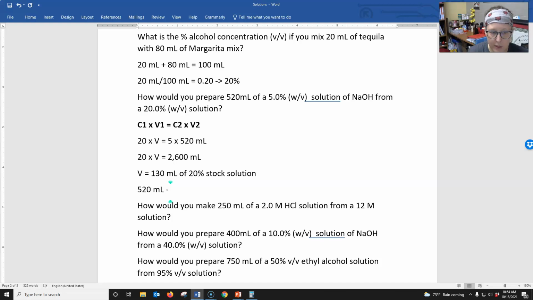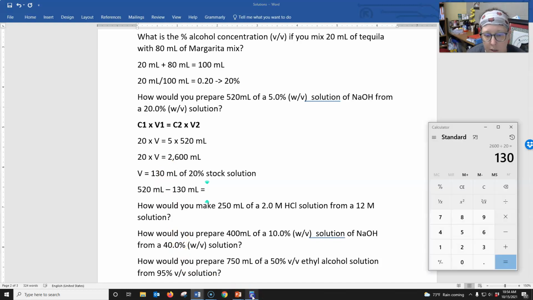And of that total, 130 mils is going to be your stock solution, so minus 130 mils. Now we just do the math really quick. I'm just plugging it in here so I don't make any mistakes. 520 minus 130 is 390.